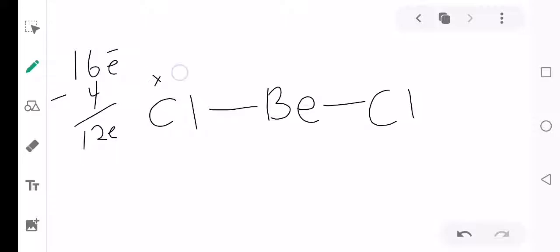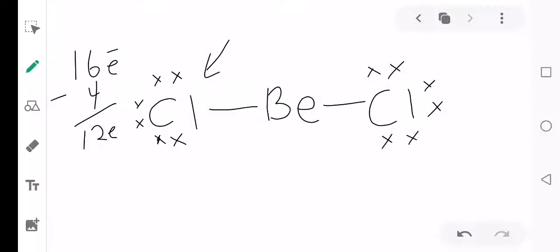So the next one, you will complete the octet of the terminal atoms. So Cl 1 2 3 4 5 6. You can use the cross symbol or dot symbol for the Lewis structure. Now I use the cross symbol. So 6 electrons I use for this Cl, and the other Cl 1 2 3 4 5 and 6.